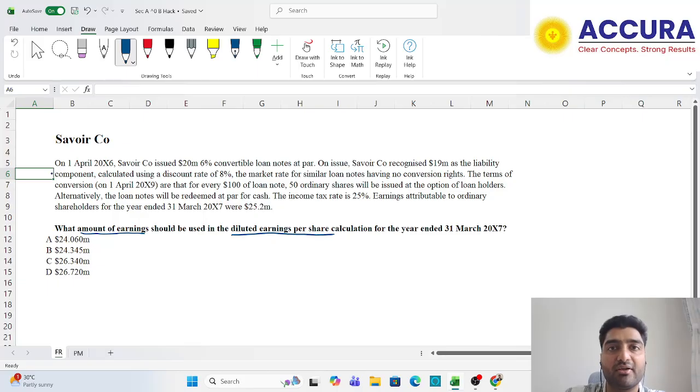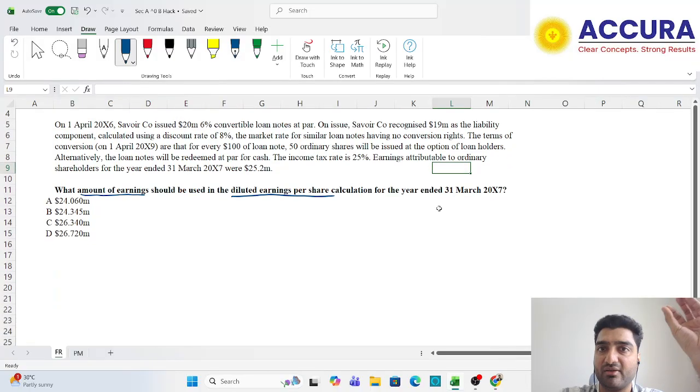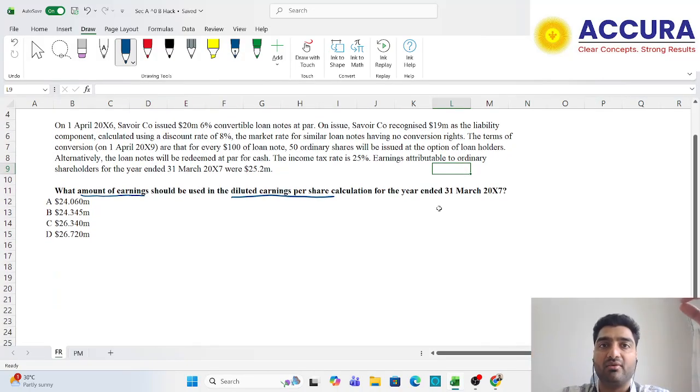Now, the income tax rate is 25% and earnings attributable to ordinary shareholders for the year ended 31st March 20x7 were $25.2 million. Now, let's understand a basic simple thing. Once these loan note holders get converted to equity shares, we don't have to pay them interest, right?